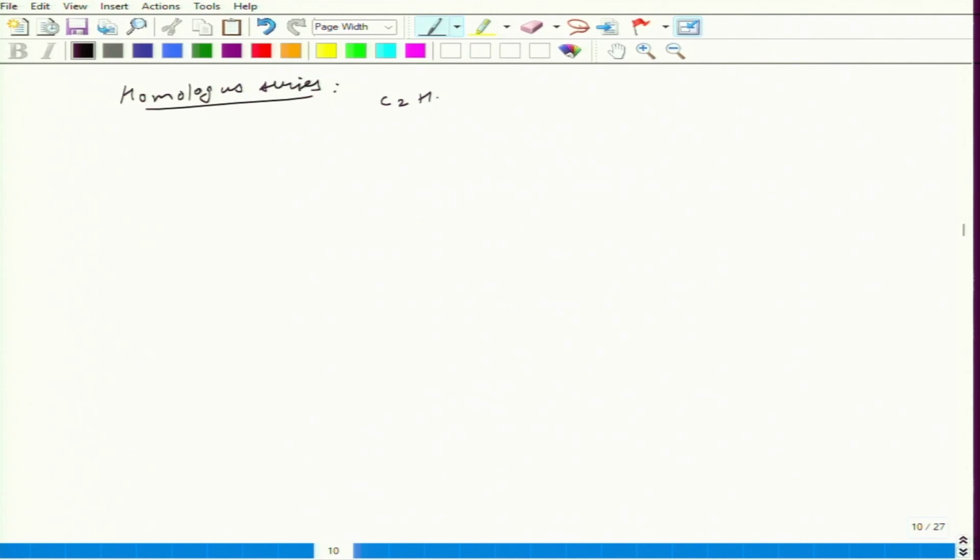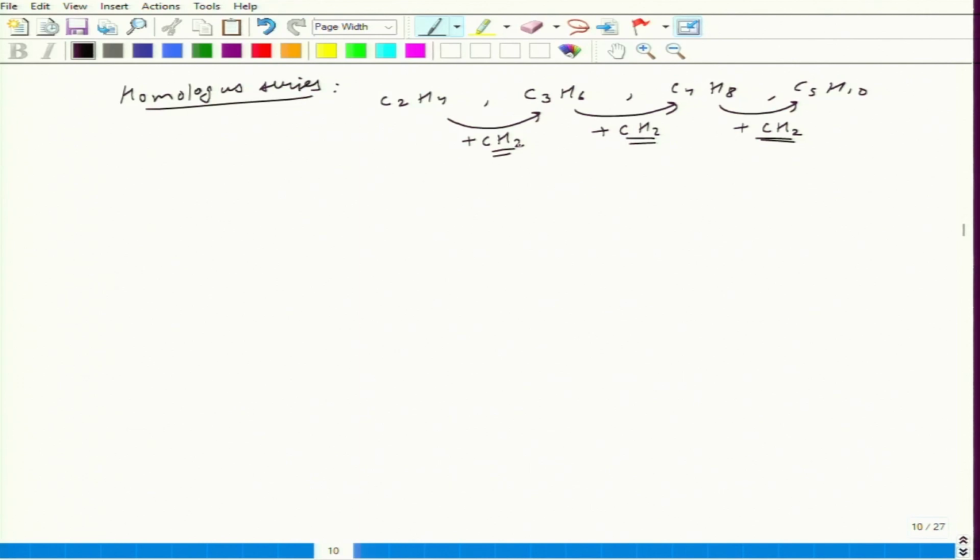The first molecule is C2H4, then C3H6, C4H8, C5H10. There is an increment of 1 carbon and 2 hydrogens each time. So same as in alkanes, it forms a homologous series where there is an increment of a CH2 unit between successive members of the alkene group.